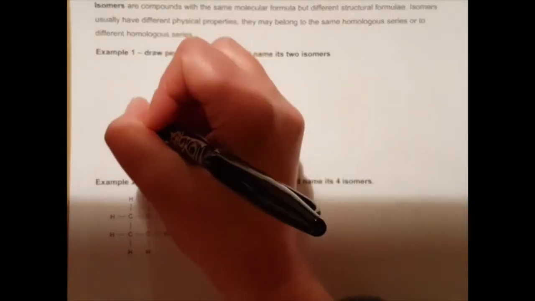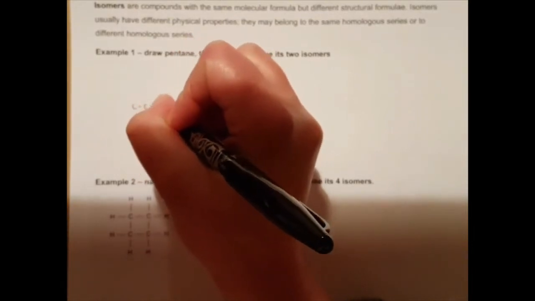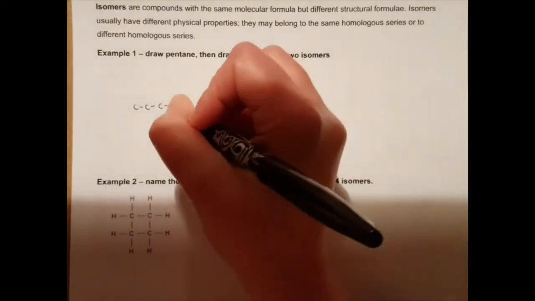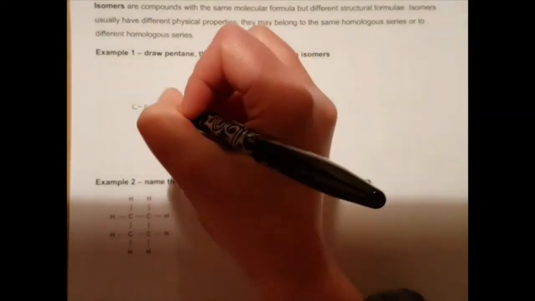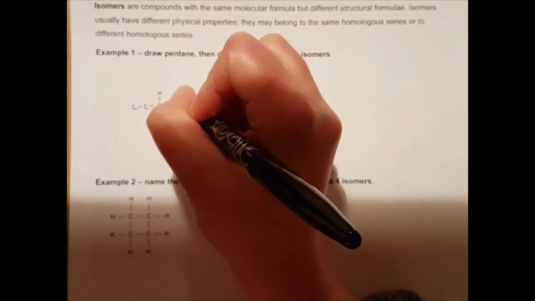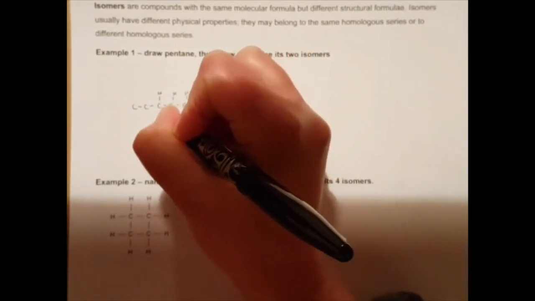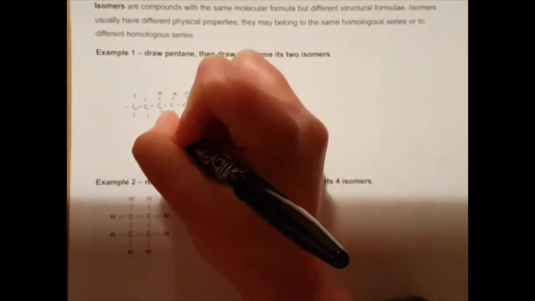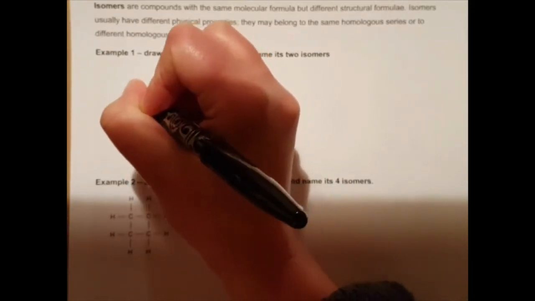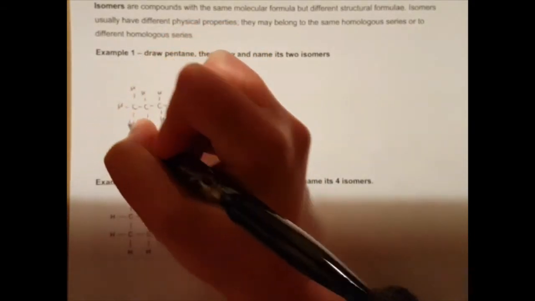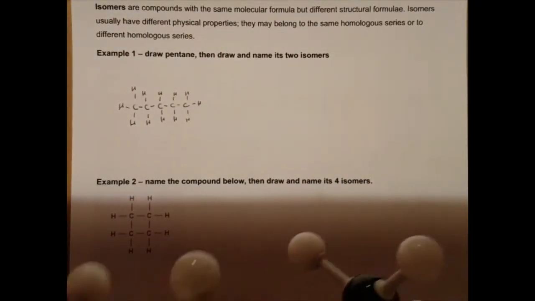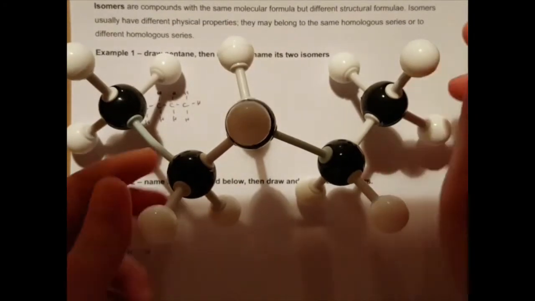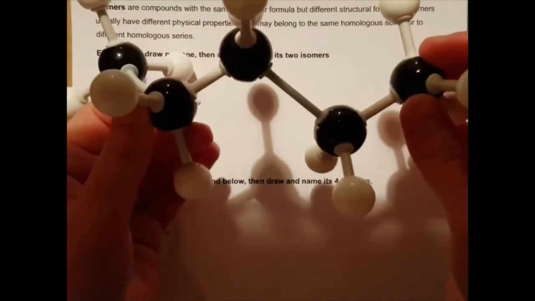So I'm going to start off by drawing pentane. Pent means it has 5 carbons. Okay, so here is the molymod for pentane, and to make an isomer of pentane, remember it's got the same molecular formula, so I can't get rid of any atoms.